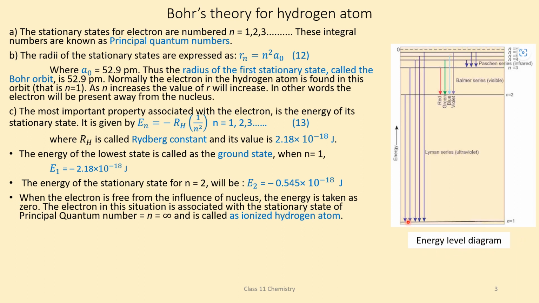Here you please see this is the ground state. n is equal to 1 is the ground state, and the maximum value of n is infinity, where the energy level is 0. So maximum energy is at the top, and the energy is 0 when n is equal to infinity.